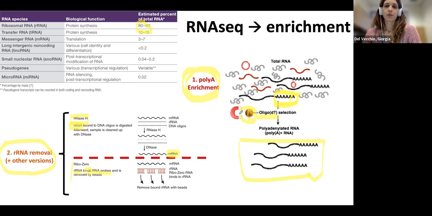But there is a reason why I'm showing you both of them. And it's because it depends on the quality of your starting RNA, okay? Okay, the ribosomal method doesn't remove the other RNA types.